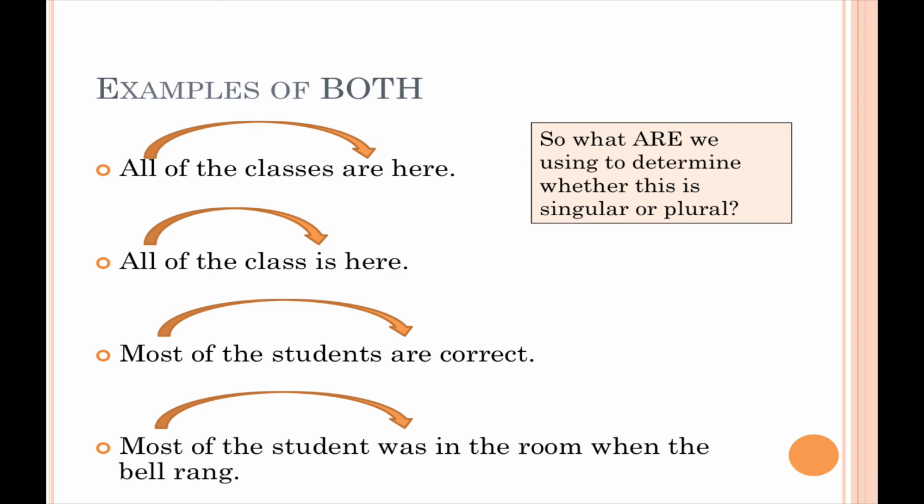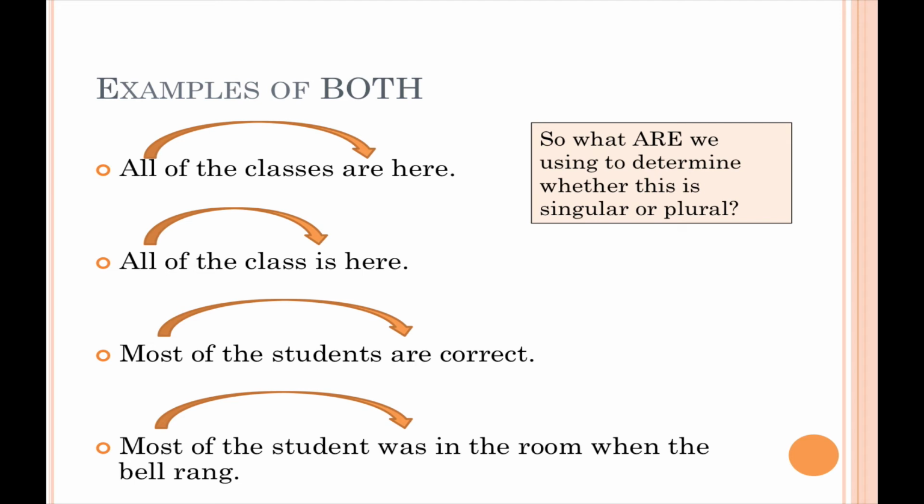Okay, fine. Second sentence, all of the class is here. Oh, interesting. The subject again is all, but in this case, it's singular. All is here. Number three, most of the students are correct. And then the last example, most of the student was in the room when the bell rang.